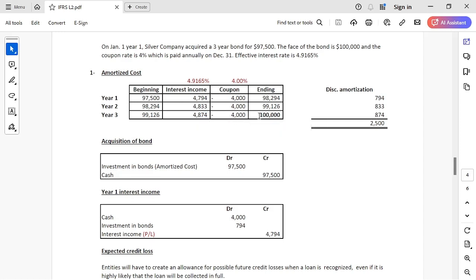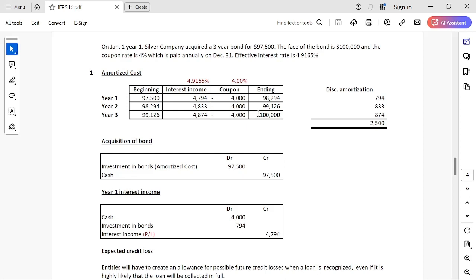And then the ending balance, the 100,000, is the amount that the issuer has a legal obligation to pay back to us at the end of the life of the bond. So it reached maturity now. So it's always paying the face value. So let's focus here on this. Interest payments are the face value multiplied by the stated rate.